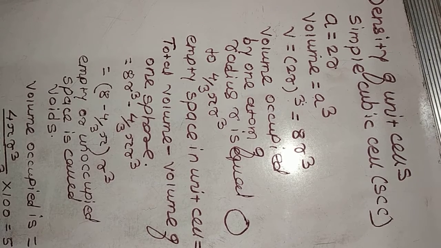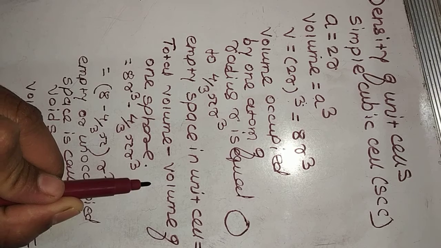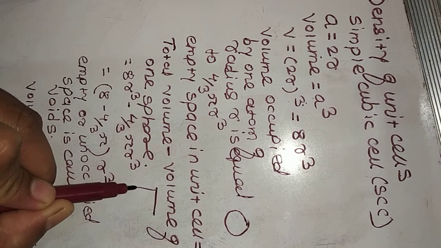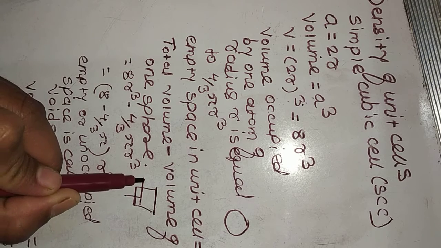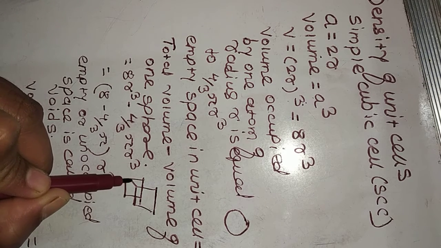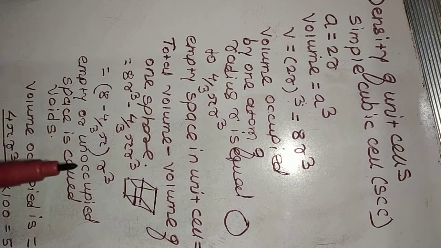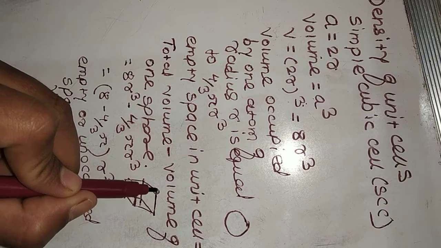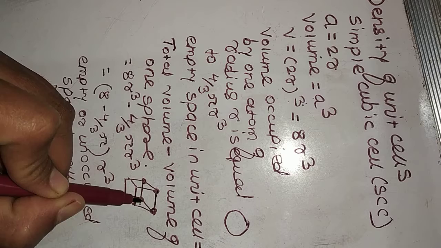But in SCC, I already discussed in the previous video, the total number of atoms present in SCC is only one atom, because I draw here one cube. This is your cube. There are 8 corners, and on 8 corners there are 8 atoms.